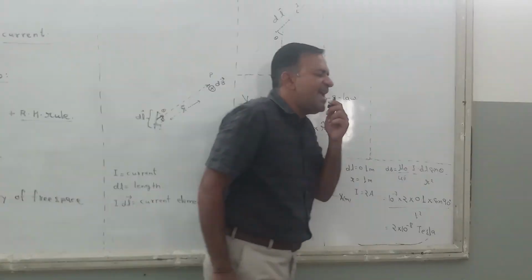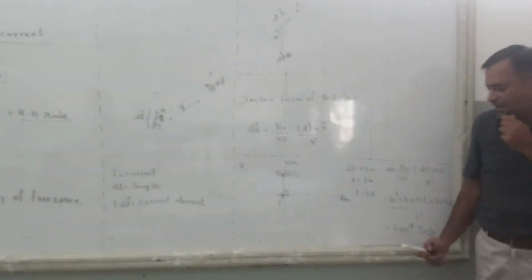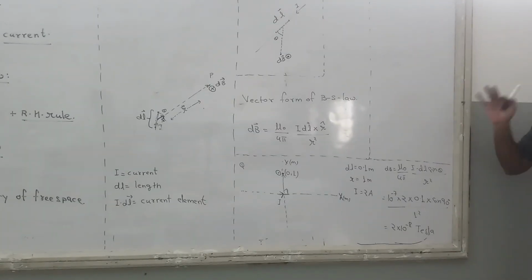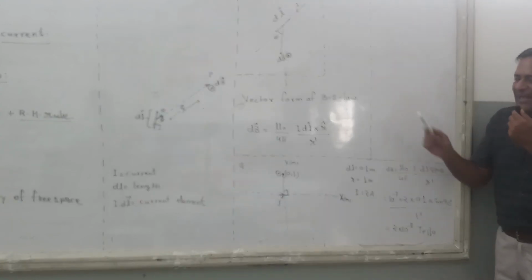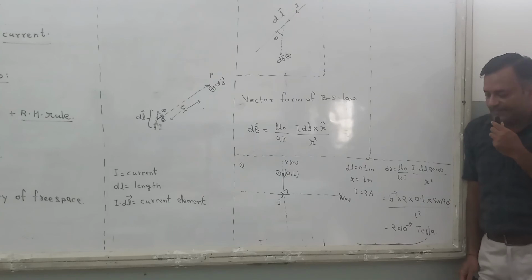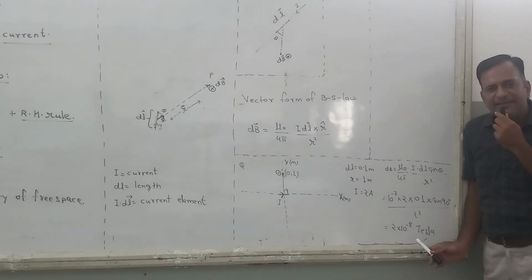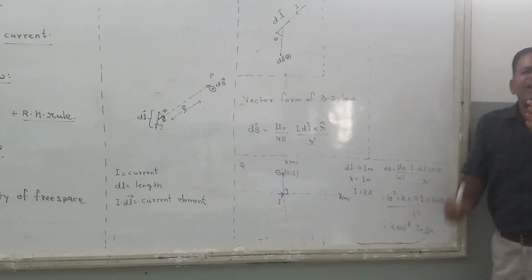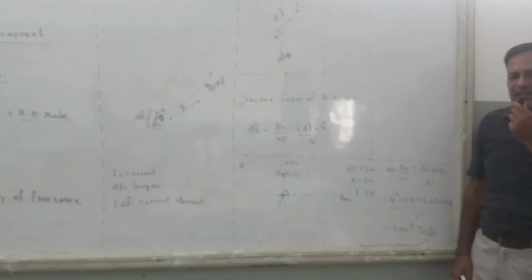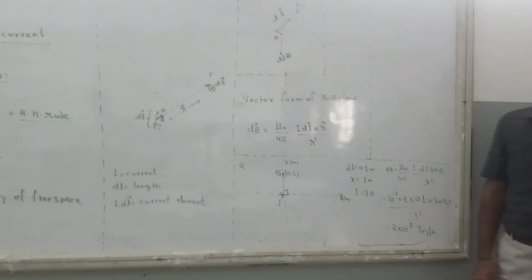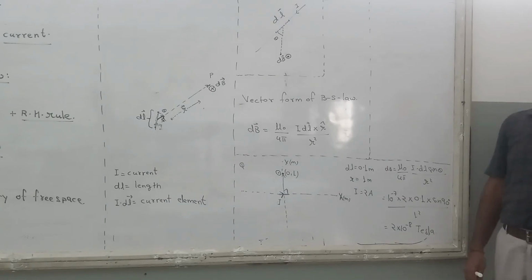Now you can see the magnitude of this magnetic field, 2 into 10 to the power minus 8. It's not less, it's very less. So if you calculate the magnetic fields like this, the numbers that you get are very small. This small magnetic field is not able to influence any of the magnetic equipments. So what is the problem over here?